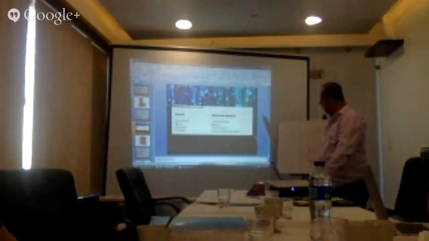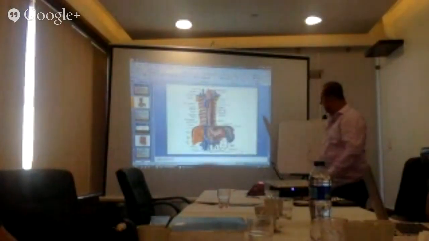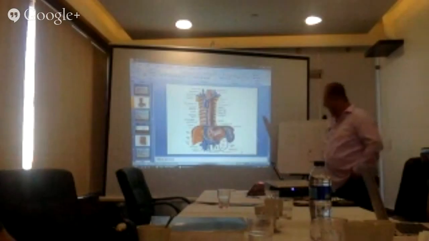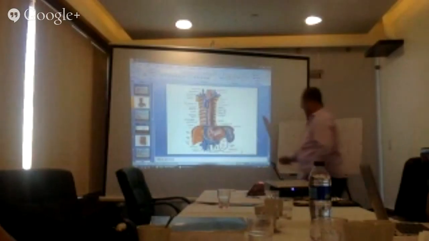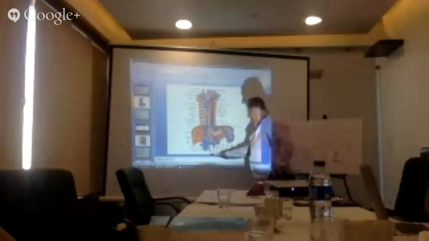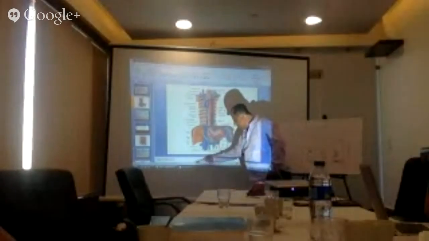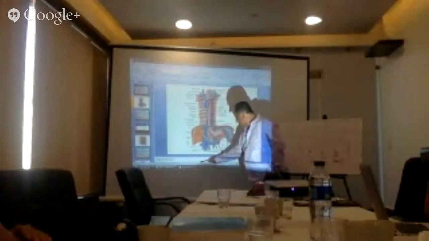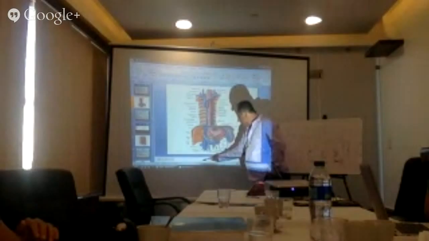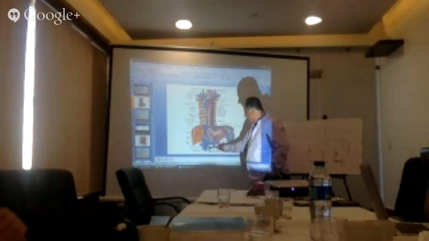If we have a patient, for example, with cancer of the colon here, for example, the right colon, the venous drainage goes to the superior mesenteric, right? And the superior mesenteric goes to the portal.